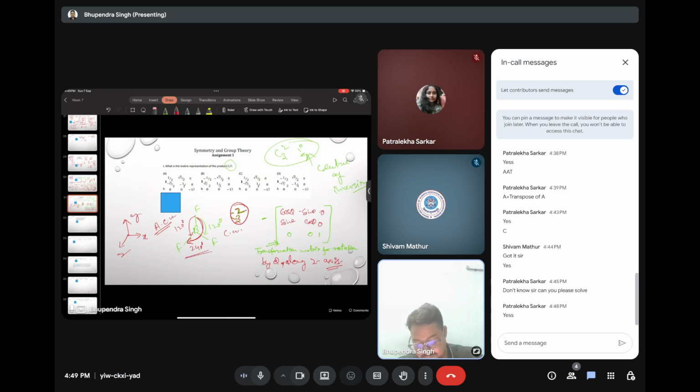So 240 degree, and this transformation is, I guess, for anti-clockwise, when you rotate by angle theta along the z direction anti-clockwise. To reach here anti-clockwise, if I don't want to change this transformation matrix, then the angle should be 120, or I can write it like C3 minus 1.